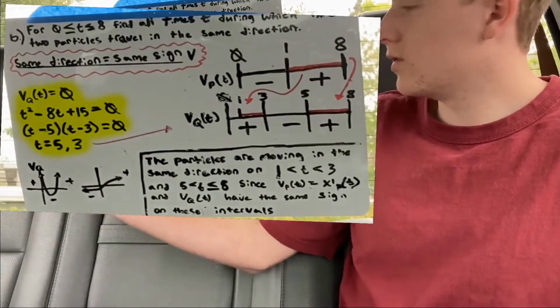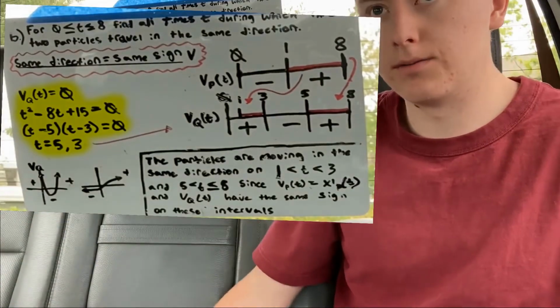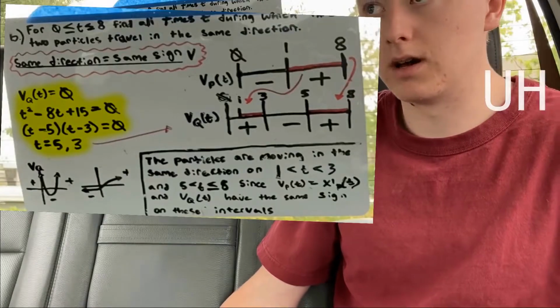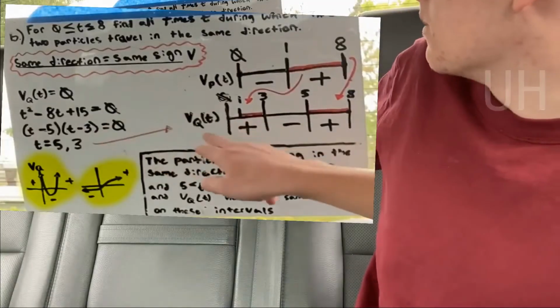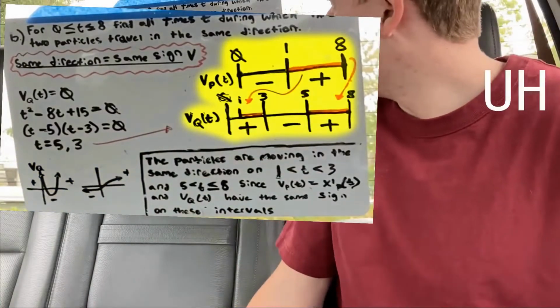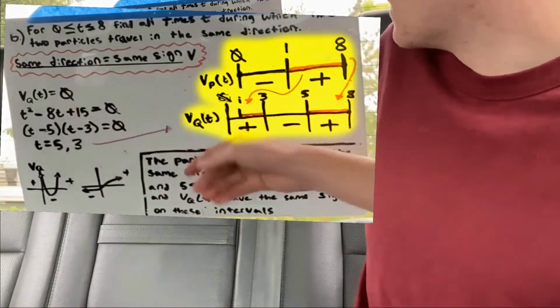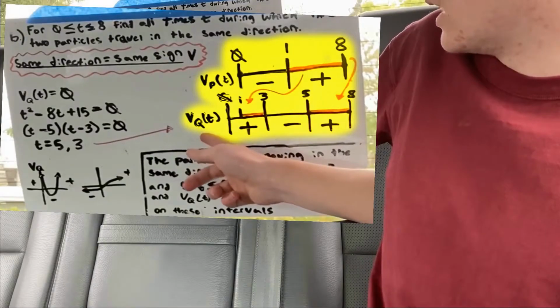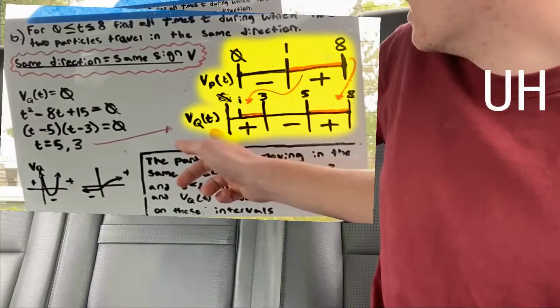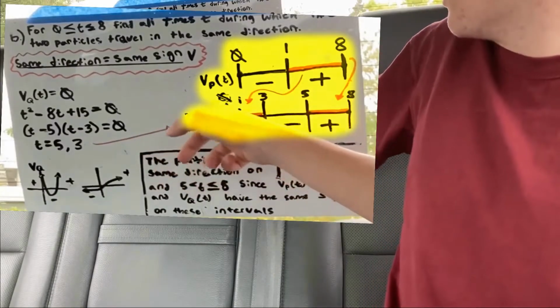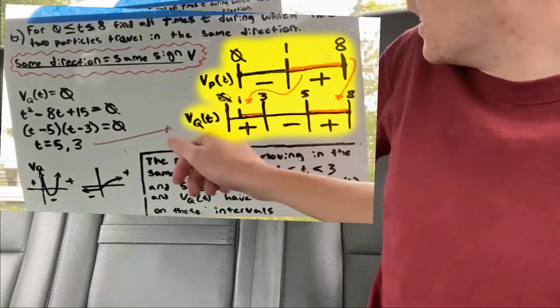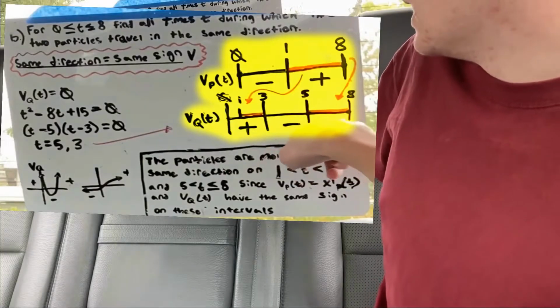And then you use those, since you know that the graph of velocity of particle q is a parabola. You can make a sign chart with that, and that gives you a sign chart of the velocity of particle q is positive from 0 to 3, negative from 3 to 5, and positive from 5 to 8.